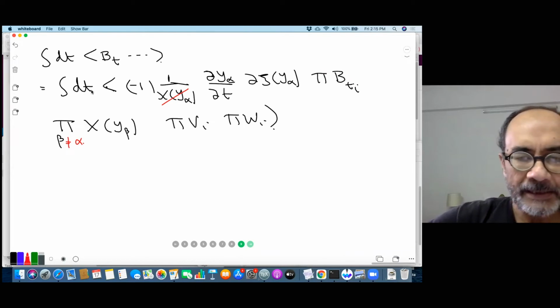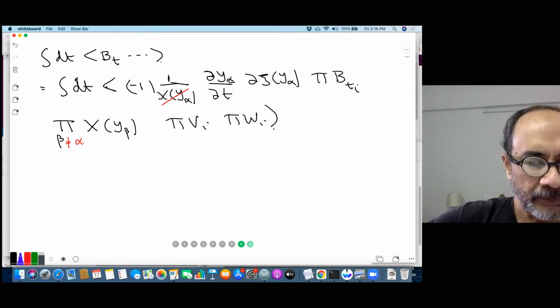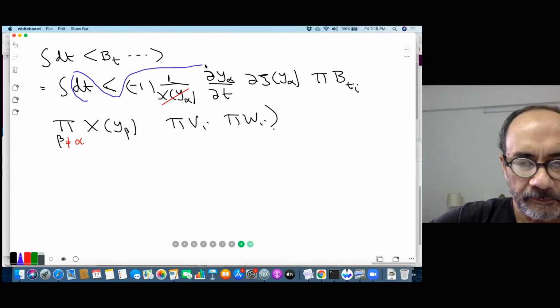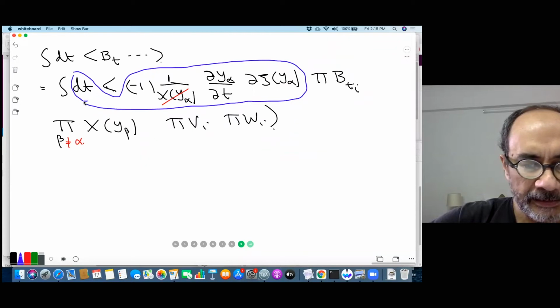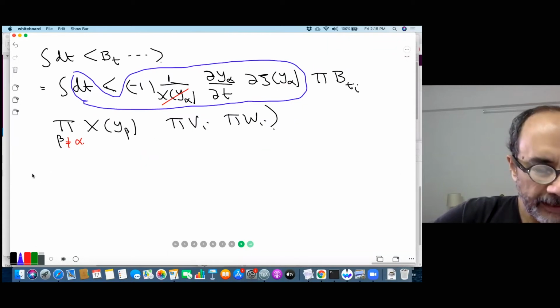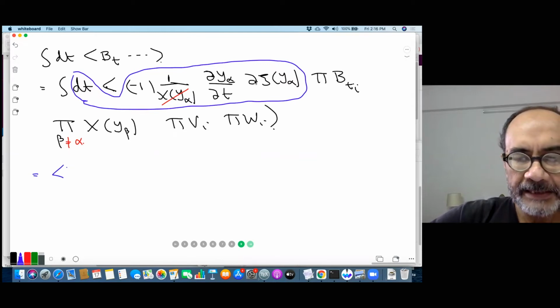Now we see that the t integral can be done, because this is the entire content. The t integral basically comes from this part, the only part that depends on t. This is the d/dt of xi y alpha of t.